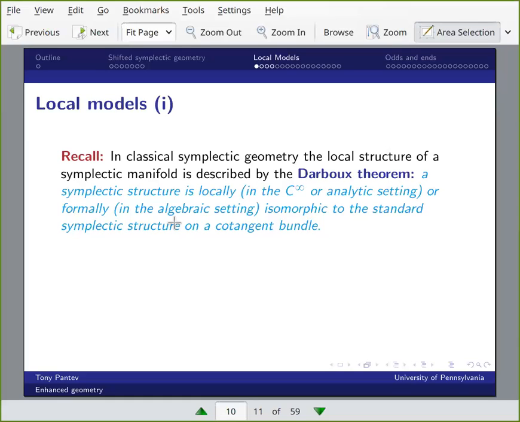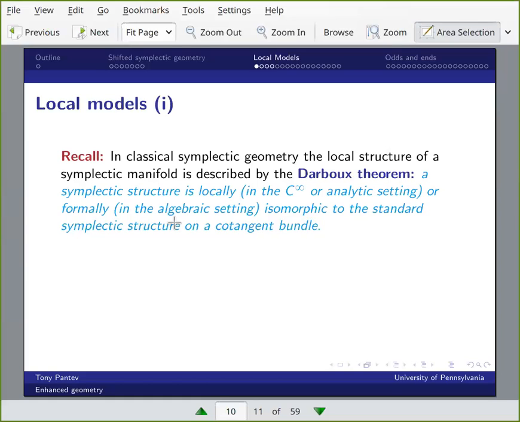But the point is that locally every symplectic geometry on a smooth space is modeled by a cotangent bundle. It is really the cotangent bundle of some Lagrangian. And that is what you would like to understand in this setting.